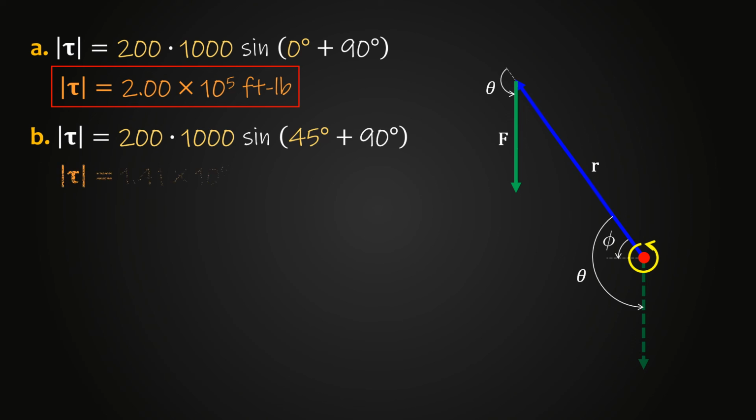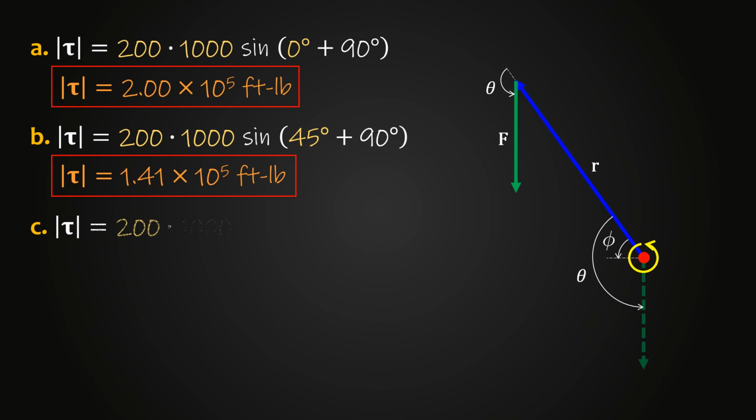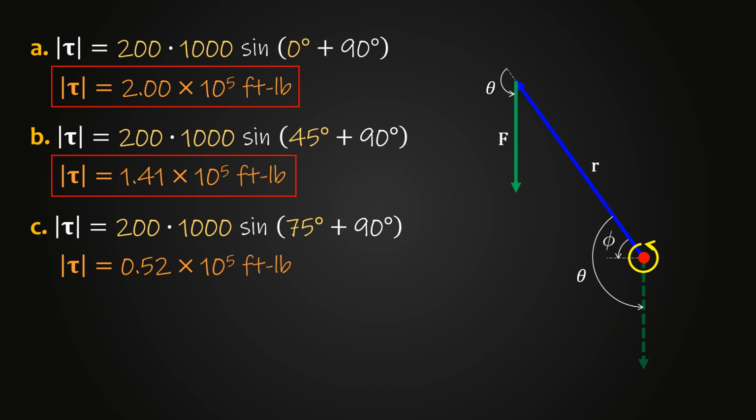Thus, the value of torque is equal to 1.41 times 10 raised to 5 foot-pounds. C. Use phi as 75 degrees. Therefore, the value of torque is equal to 0.52 times 10 raised to 5 foot-pounds.